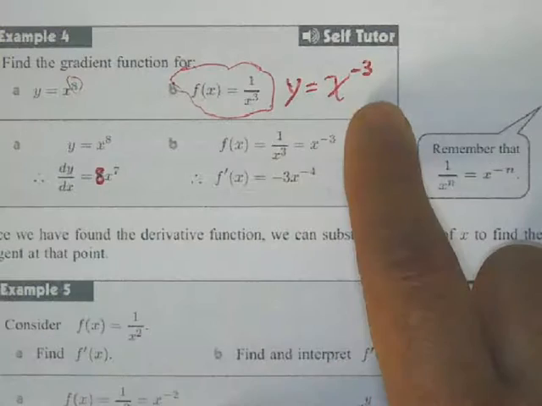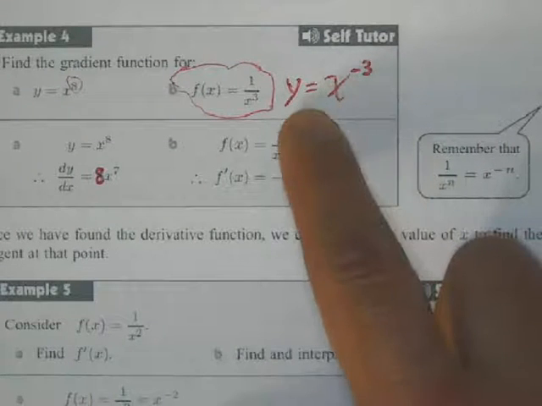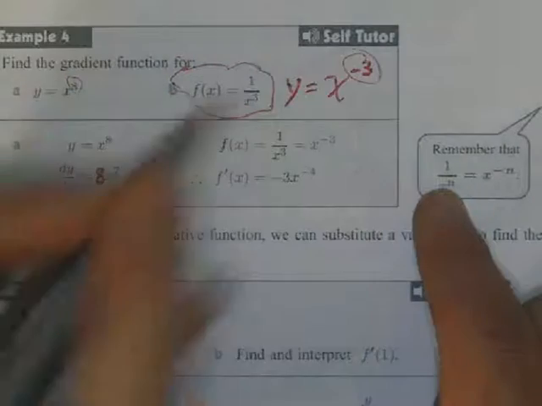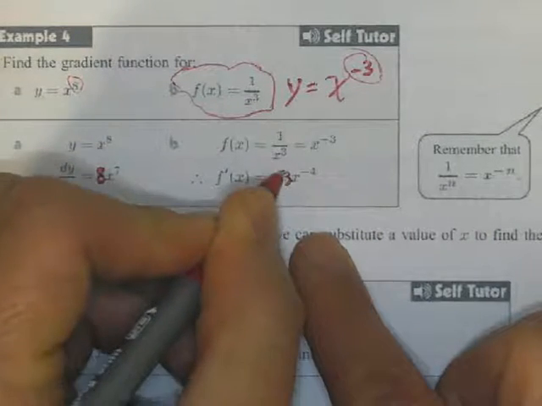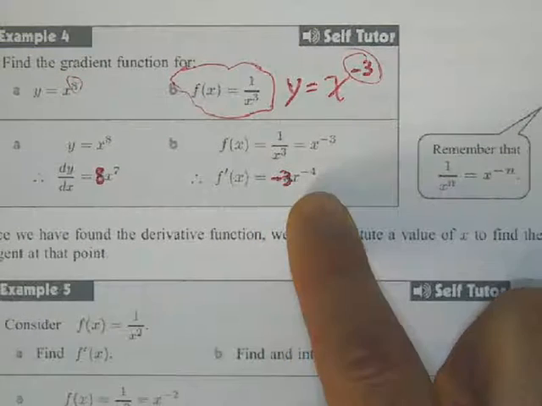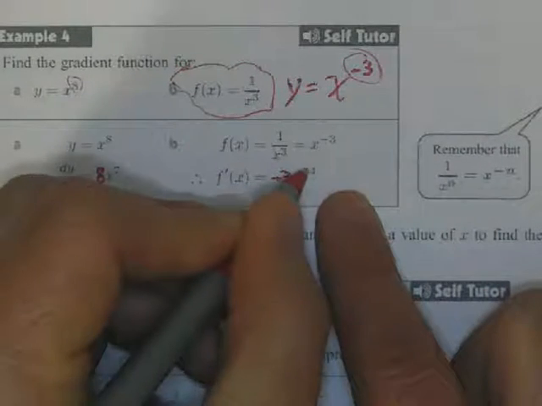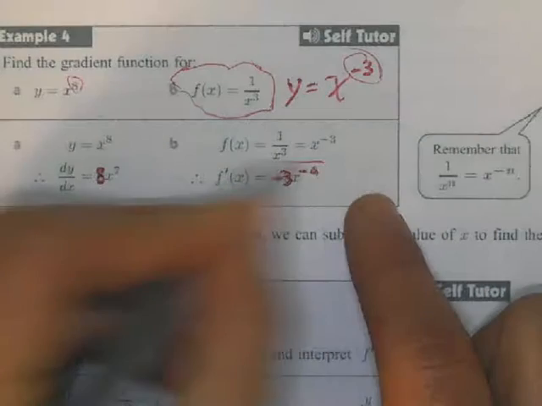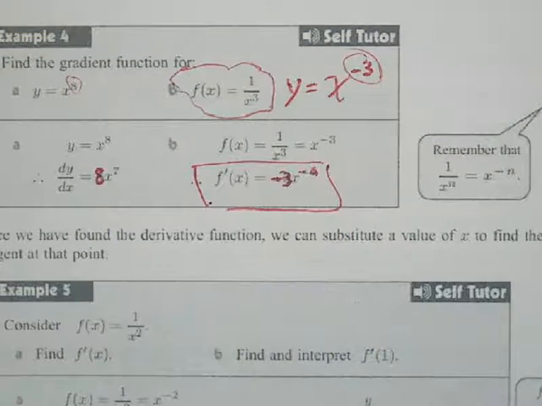Okay, so if this power comes to the front, then my coefficient becomes negative 3, and then the power decreases by 1. So if negative 3 is decreased by 1, the power becomes x to the negative 4. Okay, and this is what you need to know in order to do today's assignment.